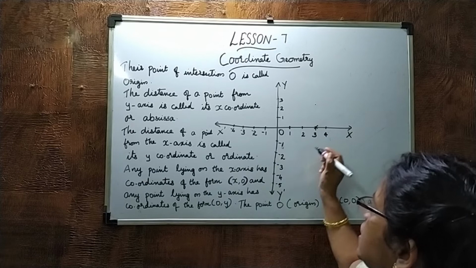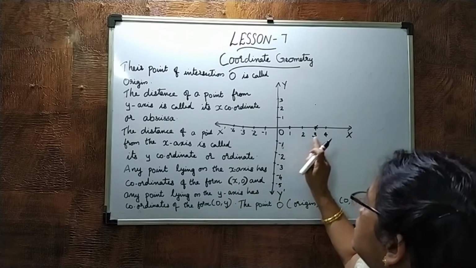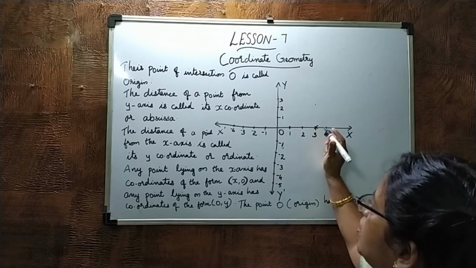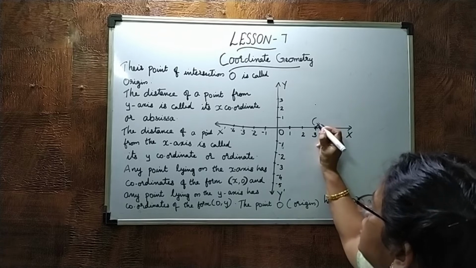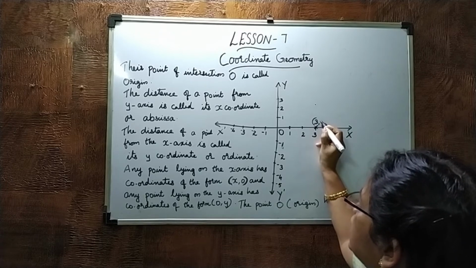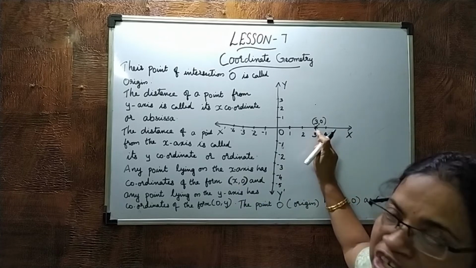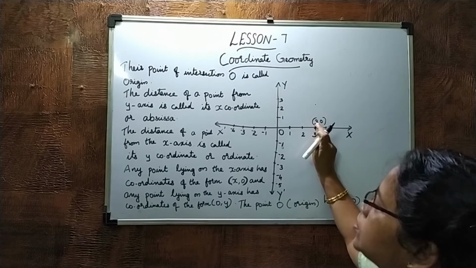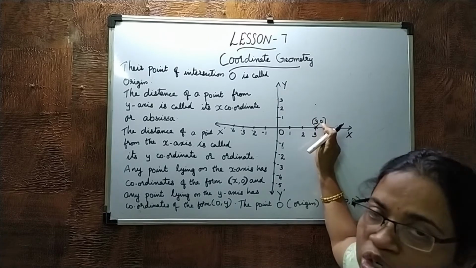So if it is on the x axis, it should be in the form (x, 0), meaning the x coordinate or abscissa first, right? You first write the x coordinate, then 0. So what is the x coordinate here? It is 3, and 3 is also called the abscissa. Here it is 0. This 0 is called what?